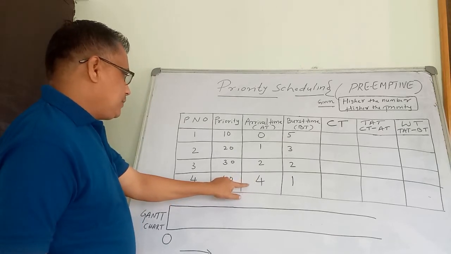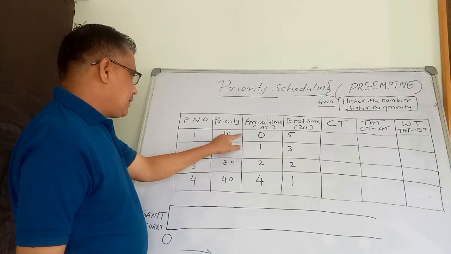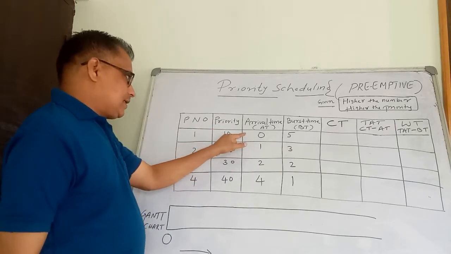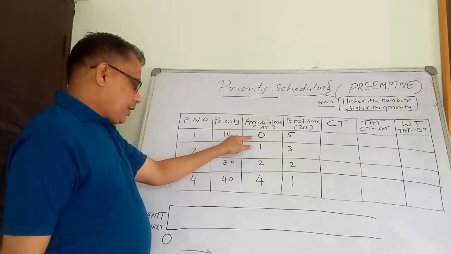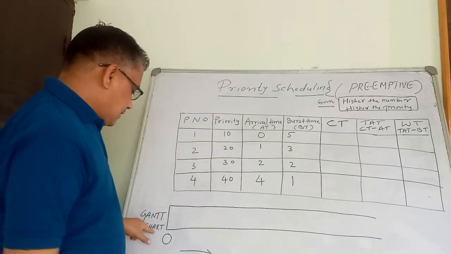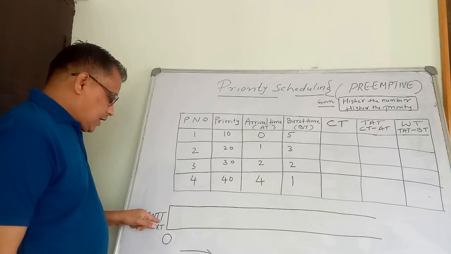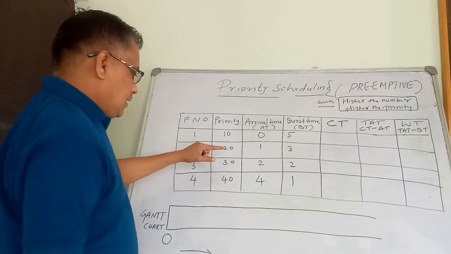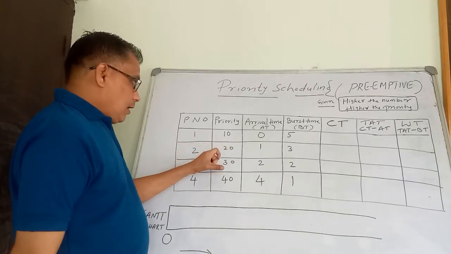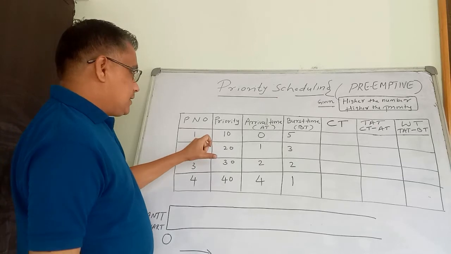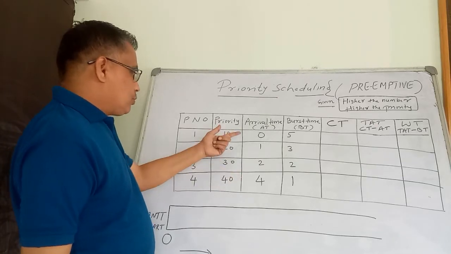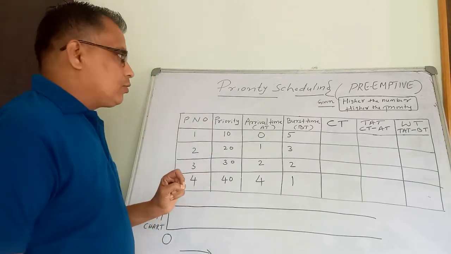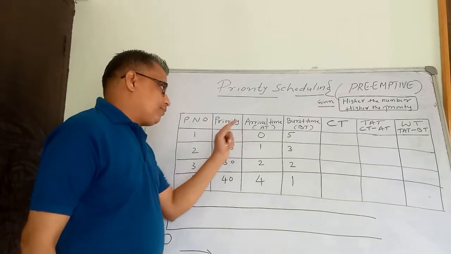Very important: compare with other processes which come at the 0th second. The CPU representation of the Gantt chart always starts with 0 seconds. At 0 seconds, what are the processes? Our assumption is higher the number, higher the priority, but when it comes to arrival time, irrespective of the scheduling algorithm, you always have to see the arrival time. Very important.